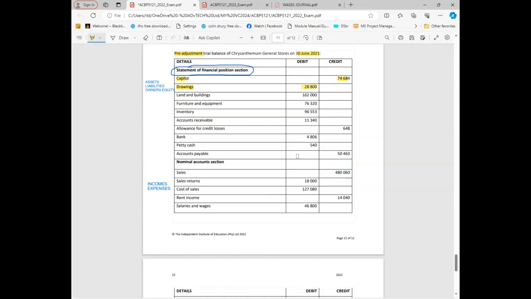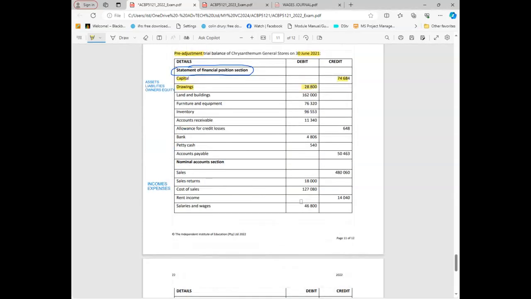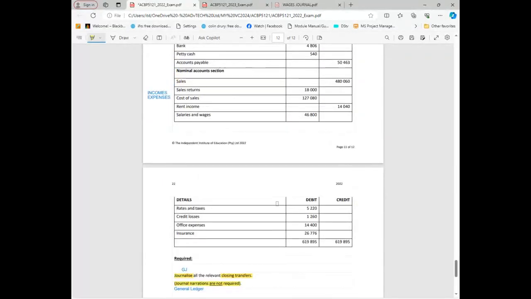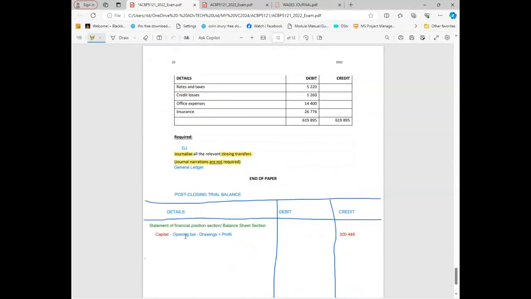Let's say we never did this question and you only had this information. What we were supposed to do, remember, we can easily see capital of 74,000. We take 74,000 and put it here as opening. So we take the 74,000 as the opening balance.